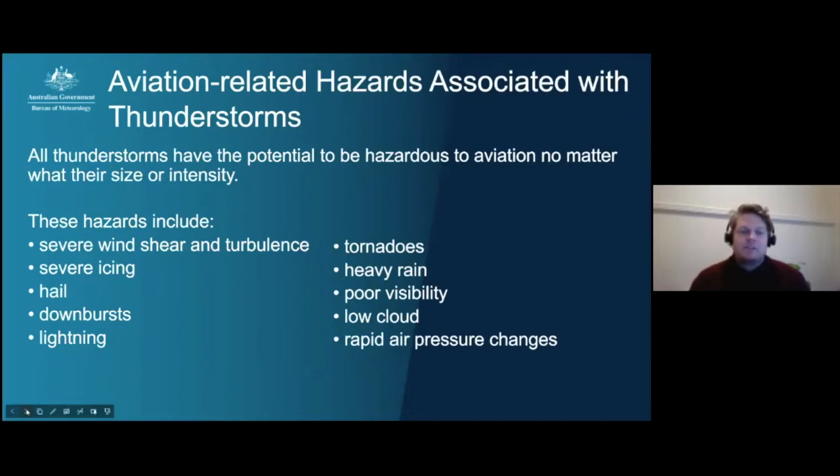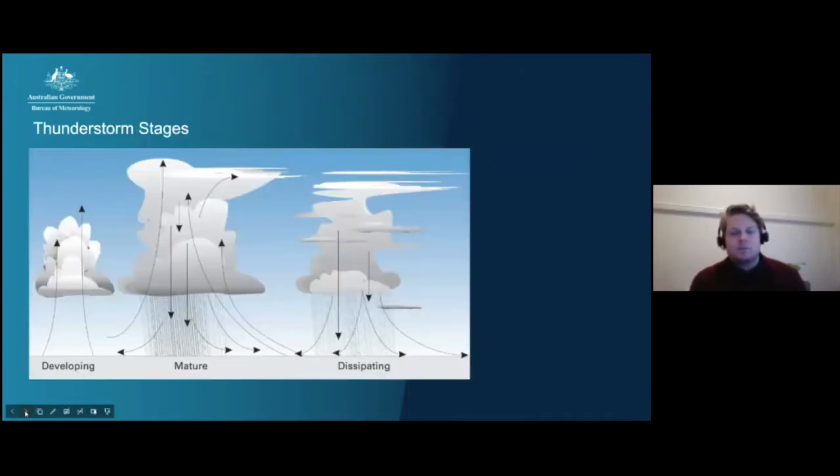They can also have severe icing, poor visibility and low cloud. The other phenomena are more what we see in more severe thunderstorms: hail, downbursts, tornadoes, really heavy rainfall, that kind of thing. And we'll go through what that looks like in the warnings in a little bit as well.